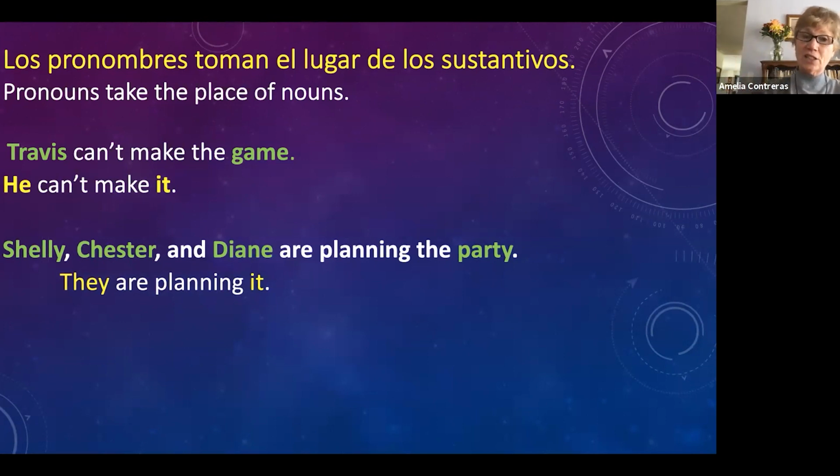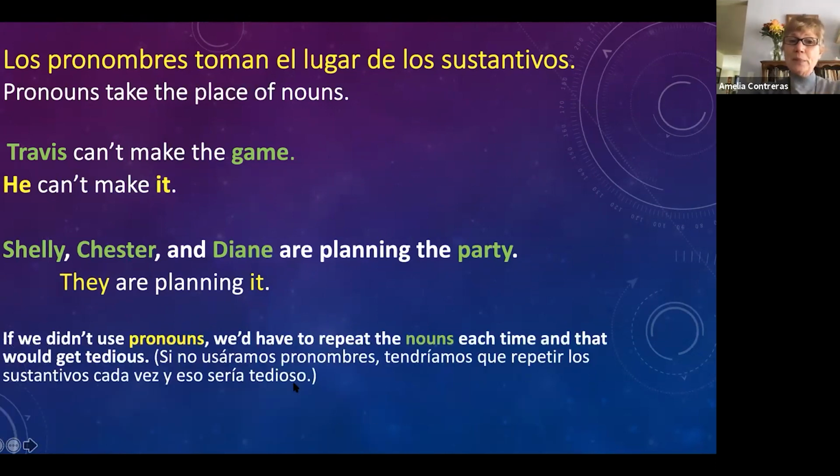So in this case, the group is Shelley, Chester, and Diane. So they are planning it. The party is a thing, and the pronoun in English for something that is a thing is it. If we didn't use pronouns, we'd have to repeat the nouns each time, and that would get tedious.